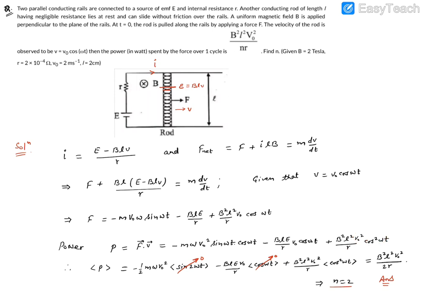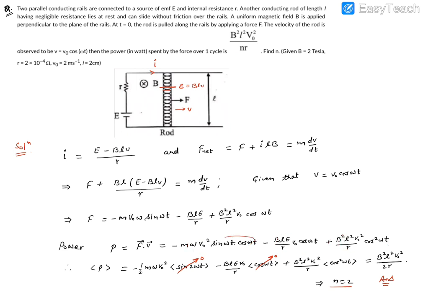The question asks that we need to find the power over one cycle. That means it has to be the average power, and what we have calculated is the instantaneous power. Whenever we need to find the average of an instantaneous quantity, you know how to find the average value. So we need to take the average of this term, this term, and this term.